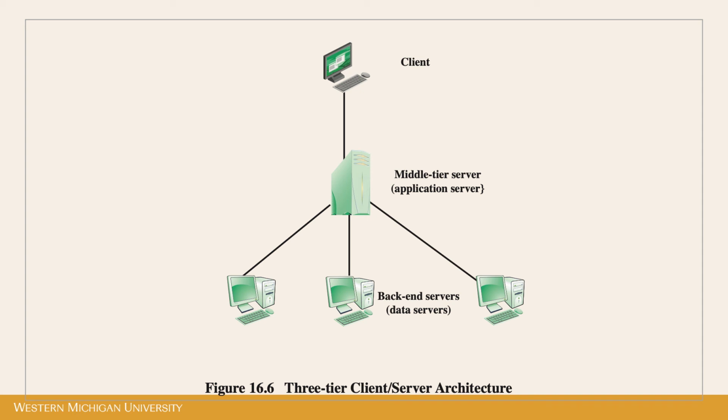So this would run the application logic, and then we can have back-end servers that act as our database servers. So we don't have to restrict this. A client-server setup does not have to be restricted to just two computers. We can expand that architecture to multiple tiers, still be in a client-server scenario. We can just expand the number of systems we have backing up the server side of that application.